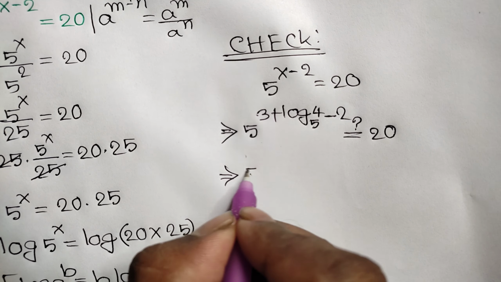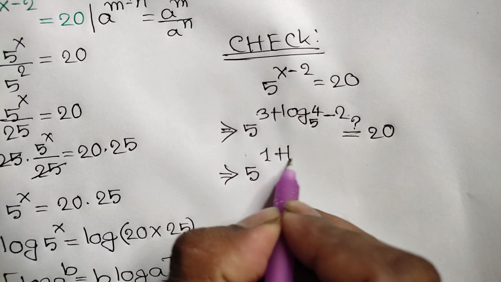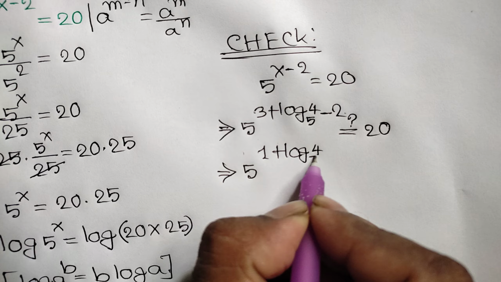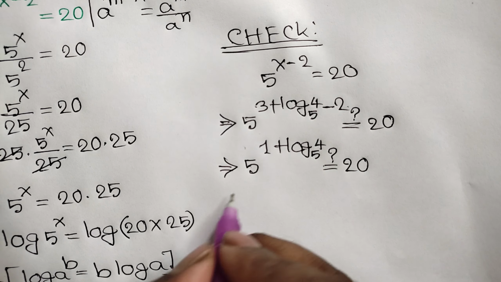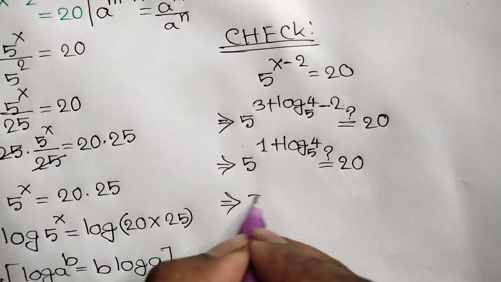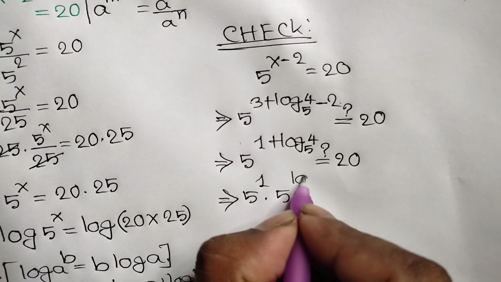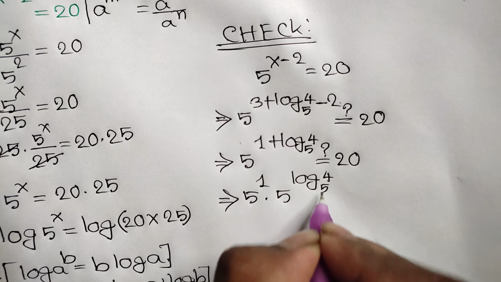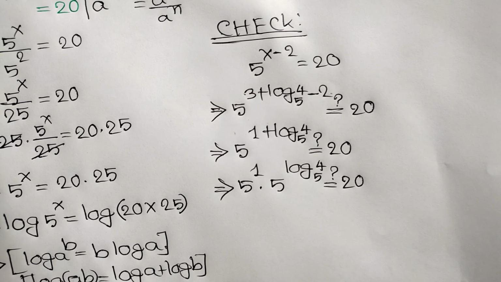Or 5 to the power 3 minus 2 is 1 plus log of 4 base 5, is it equal to 20? Now we can write here 5 to the power 1 times 5 to the power log of 4 base 5, is it equal to 20?